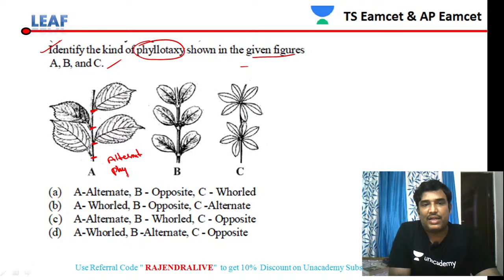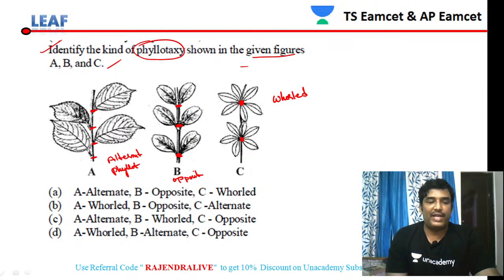In this case, leaves are arranged opposite to each other, so this is opposite phyllotaxy. And here you can see that at the node several leaves are arranged, so this is whorled phyllotaxy.